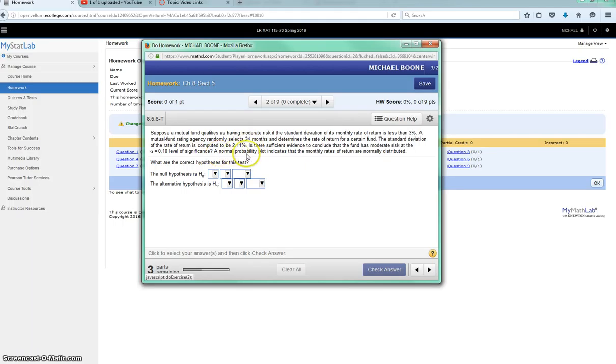So we've done a normal probability plot, says that we are normally distributed. So we're talking about the standard deviation, and it's believed to be equal to that 3%. So we want to see if it's less than, so I see that qualifying word is less than 3%.